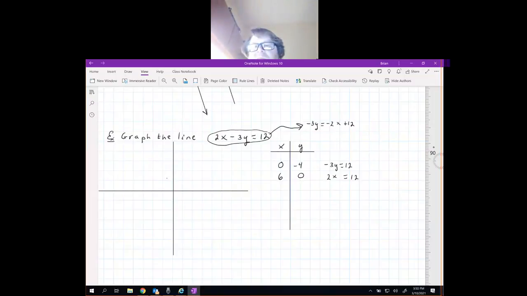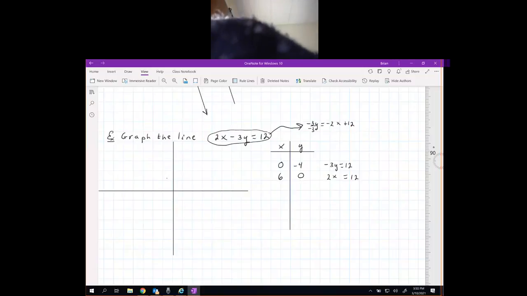But instead, what I'm going to do here is this. I subtracted 2x from each side, and then I'm going to divide by -3.